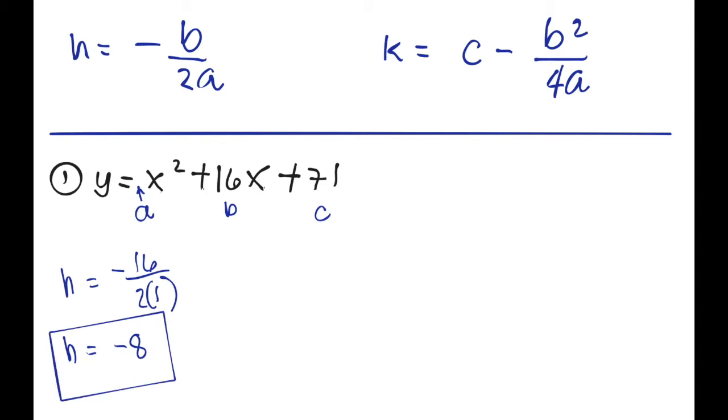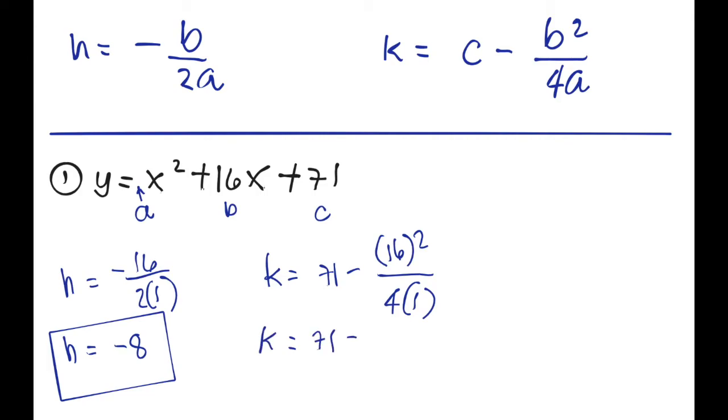Now let's solve for k. K is equal to c, in which our c is 71, minus b, which is 16, so that is 16 squared, over 4 times a, which is 1. So let's proceed. 71 minus, how much is our 16 times 16, or our 16 squared?